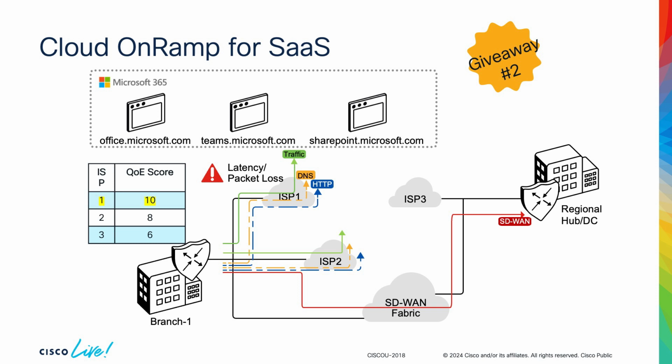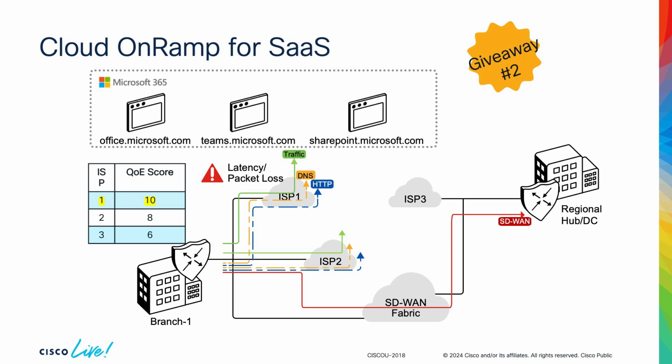We have a bunch of service providers. Maybe you're rich, you have lots of connectivity, and since you have SD-WAN, you're also connected to another regional hub using your SD-WAN technology. But we're not talking about this connection here. We're just going to try to get you to the cloud. So what's going to happen?